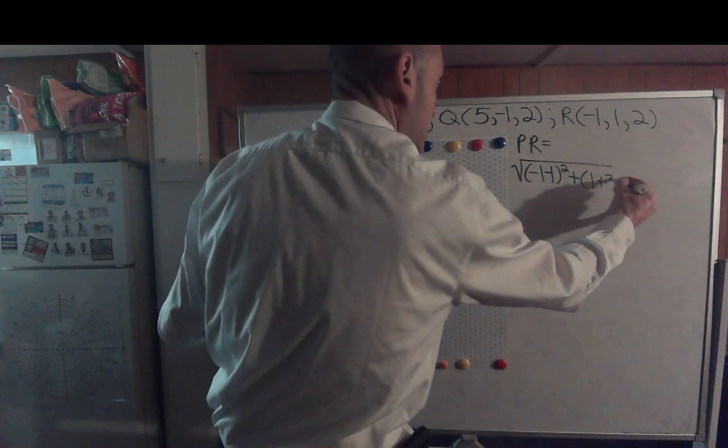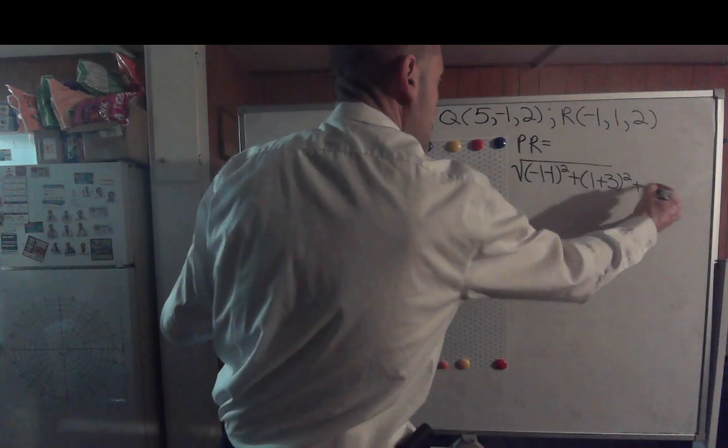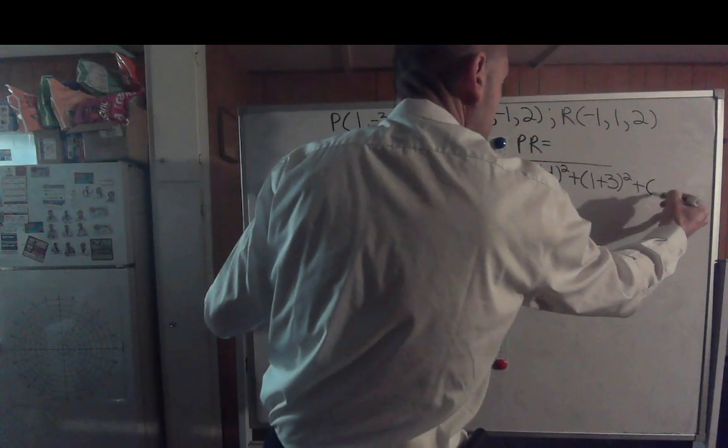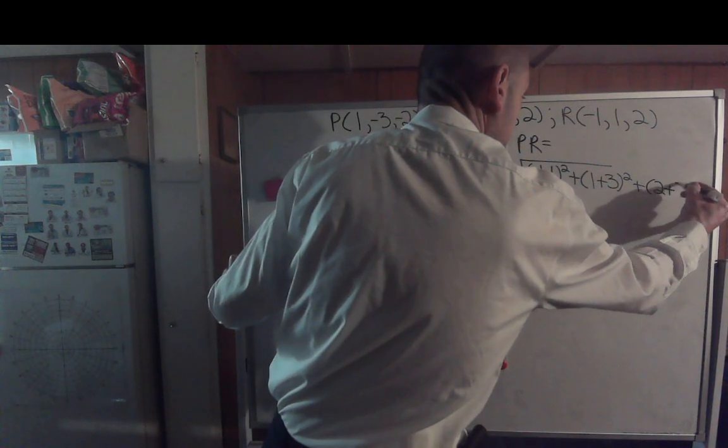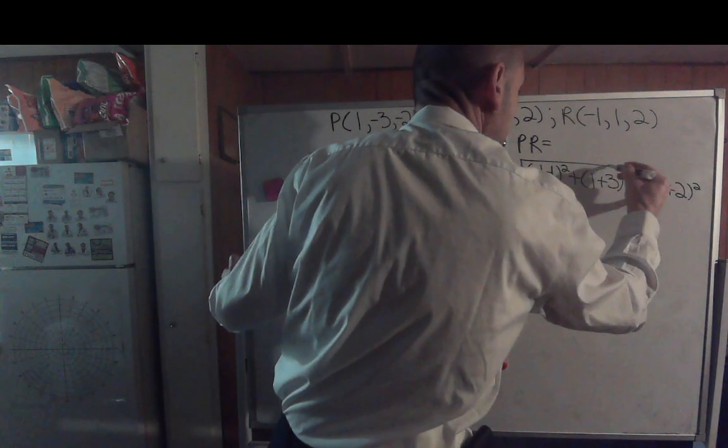This would turn into 1 plus 3 squared, plus then you'll take your z2 of 2 minus your z1 of -2, so this would be 2 plus 2 quantity squared.